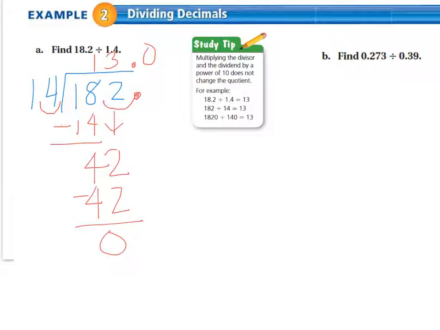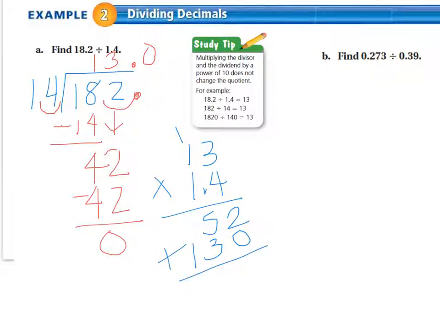Checking my work now just to make sure this is accurate, I could say that 13 times 1.4 hopefully will get me back to 18.2 if I changed my divisor back to 1.4. So 4 times 3 is 12. Regrouping up, 4 times 1 is 4, plus 1 is 5. My place value for the tens. 1 times 3 is 3, and 1 times 1 is 1.